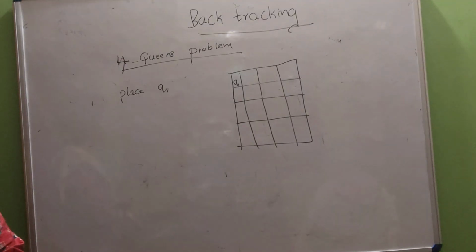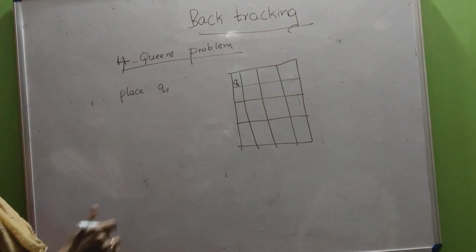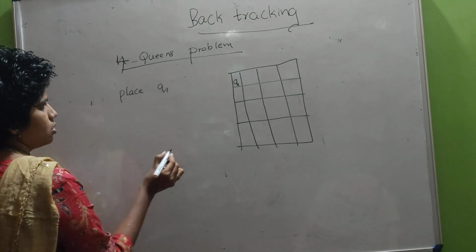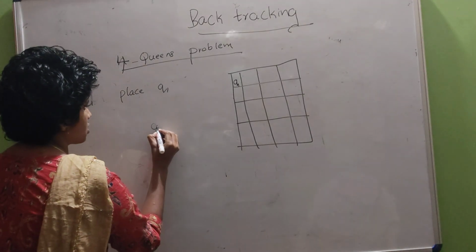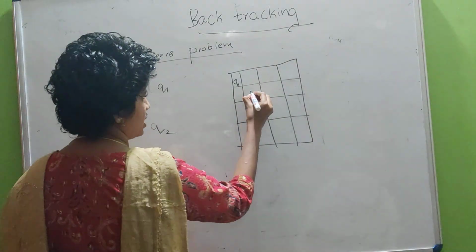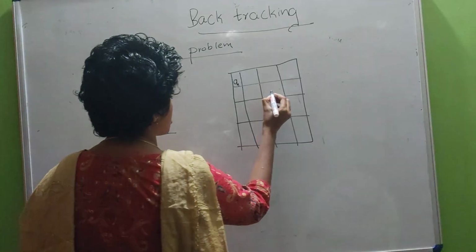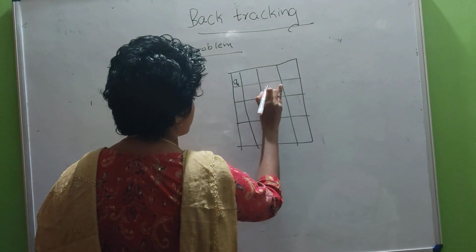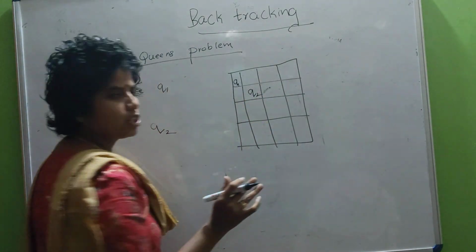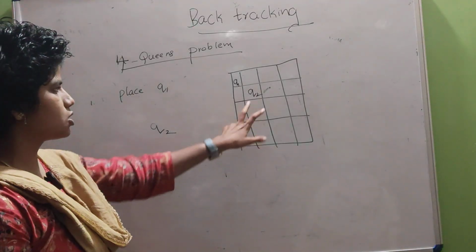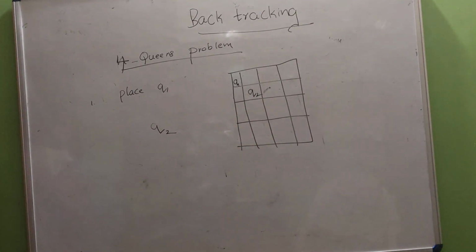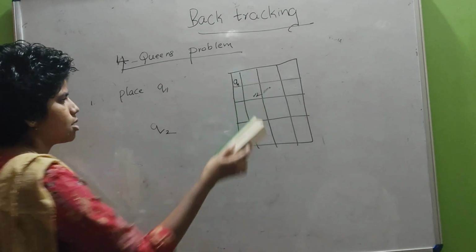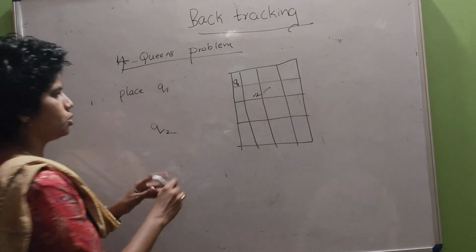If you are placing Q1 in the first column, this is the first step. Suppose you want to place Q2 in the second column here. We can't place Q2 here since a collision will happen. That's why we will not consider that step. We are going to place Q2 here.